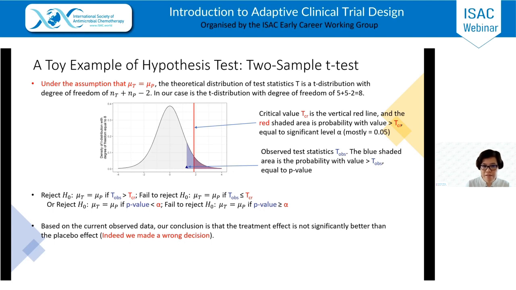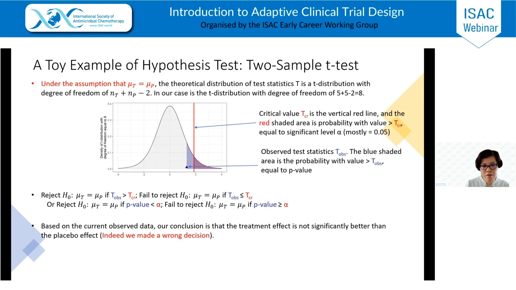The red vertical bar we call the critical value. The shaded red area to the right of it is equal to the significance level alpha, usually 0.05, whatever alpha is chosen for your trial.